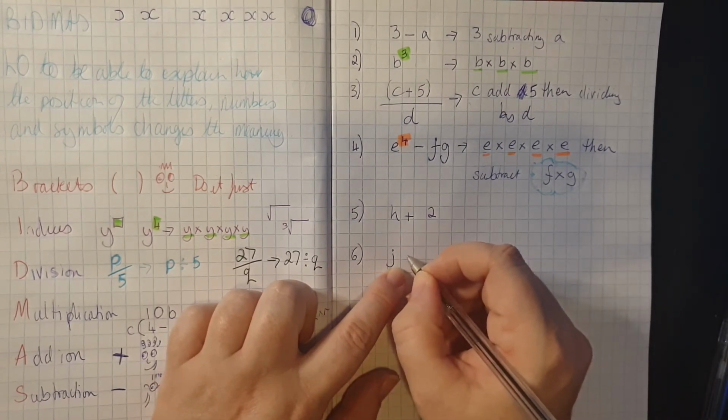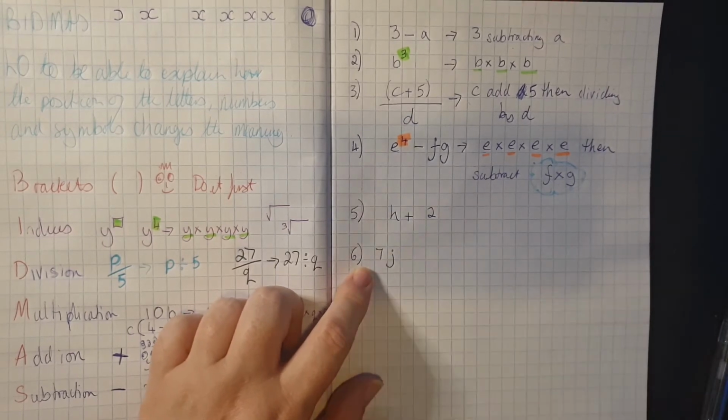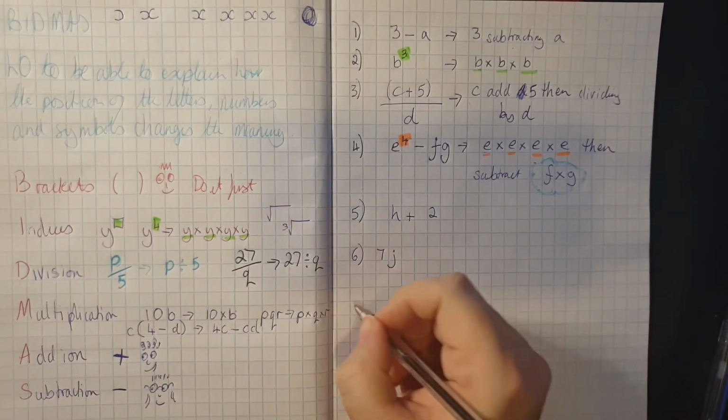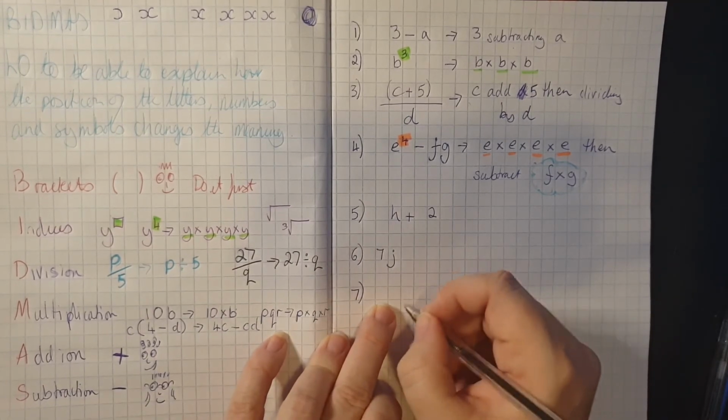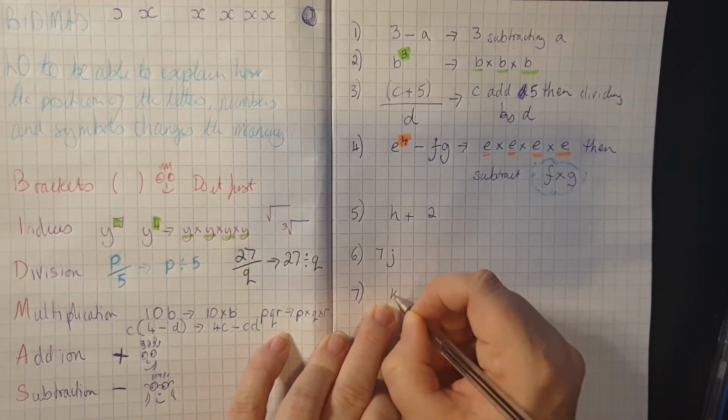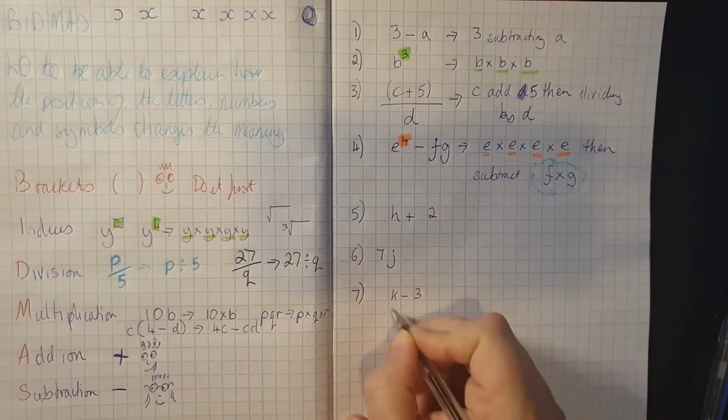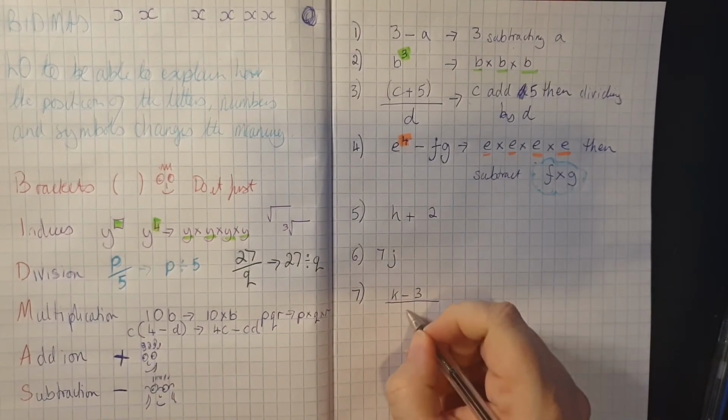J, actually let's go for 7J, just like that. Question number 7, JK, we'll have k minus 3 all over 6.